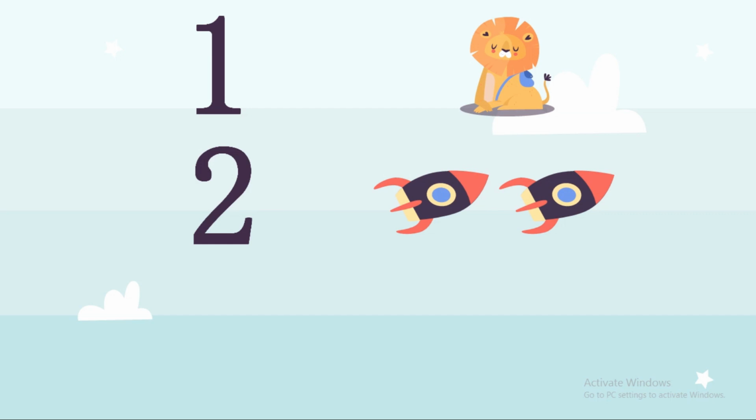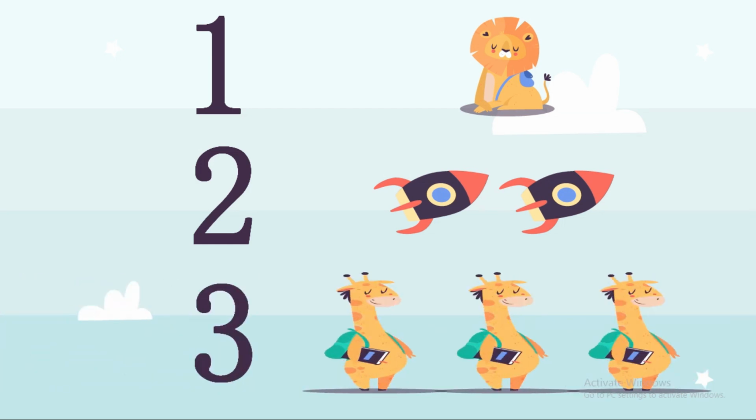After 1 and 2, there comes number 3. And we have 3 giraffes there in front of the number 3. So, we learned 3 numbers. The first number is 1. 2 comes after 1 and 3 comes after 2. The sequence is 1, 2, 3.